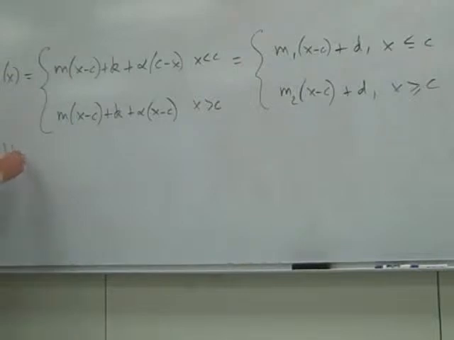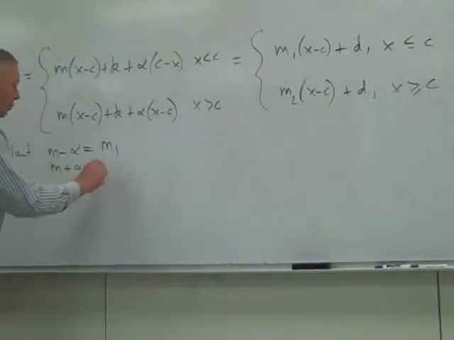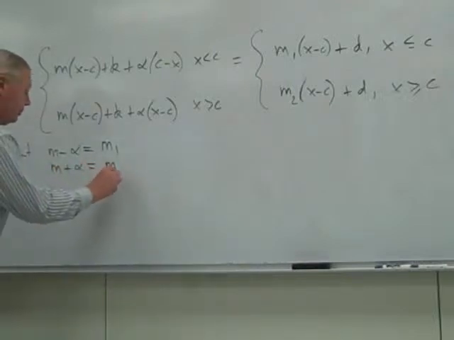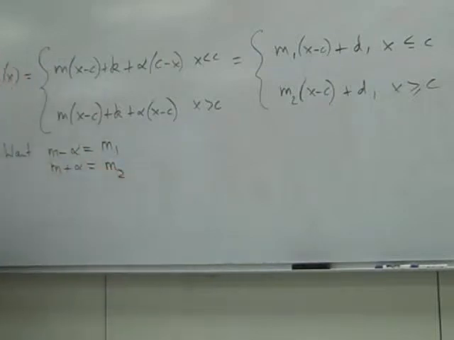So what we want is m minus alpha equal to m1. That will match the slopes on the left of c. And I also want m plus alpha to be equal to m2. That will match the slopes to the right of c.